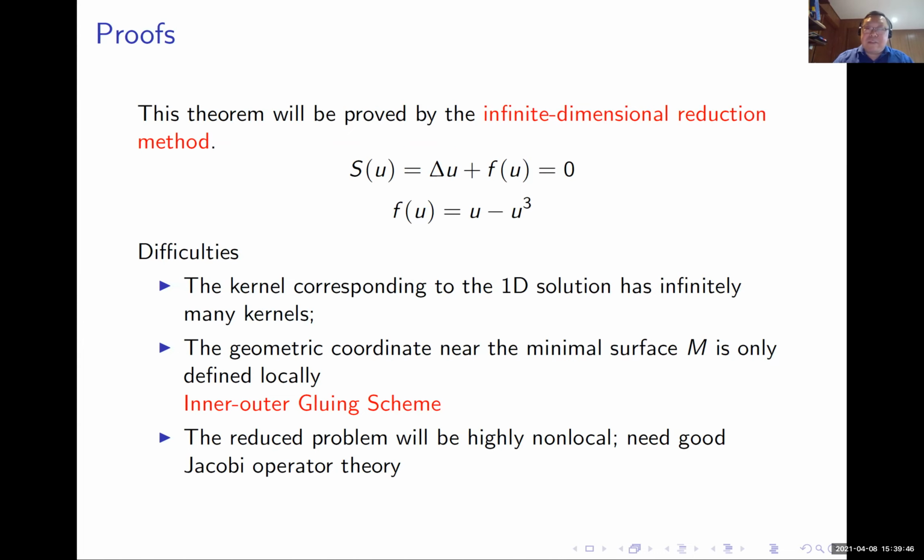You can define the so-called Fermi coordinate, but it is only defined locally. So how do we go from this local coordinate to a global coordinate? This is the so-called inner-outer gluing scheme, which I'm going to introduce. And the reduced problem is highly non-local, so we need a good Jacobi operator theory.